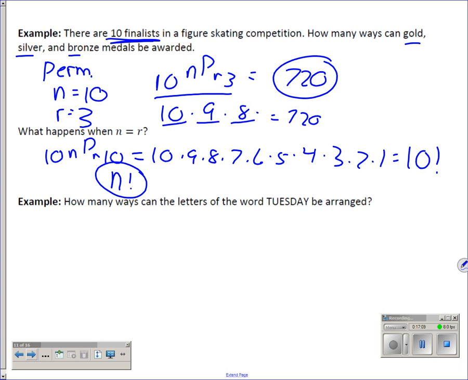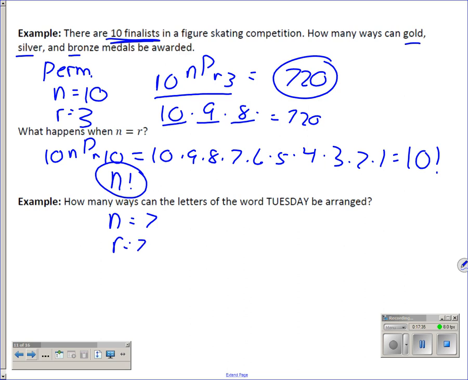So here's a good example. If we have all the letters in the word Tuesday, how many ways can you arrange all those letters? First ask yourself, what is n in this case? There's 7 letters in Tuesday, and I want to arrange all of them, so my r value is also 7.